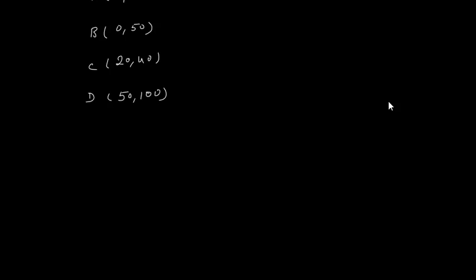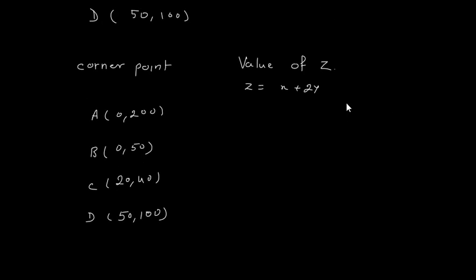And the value of z is x plus 2y. So here 2y will give me the value of z as 400. Here I will get the value of z as 50 into 2 is 100. Here I will get the value of z as 20 plus 40 into 2, 80, that is 100.